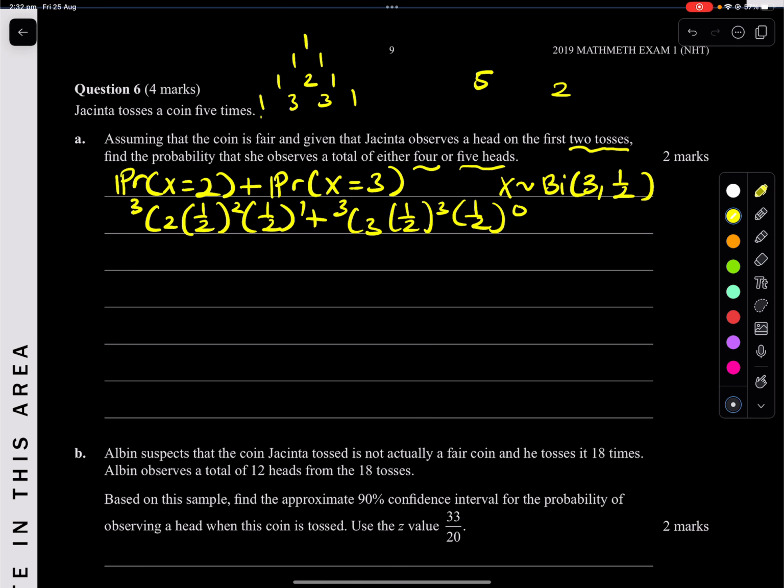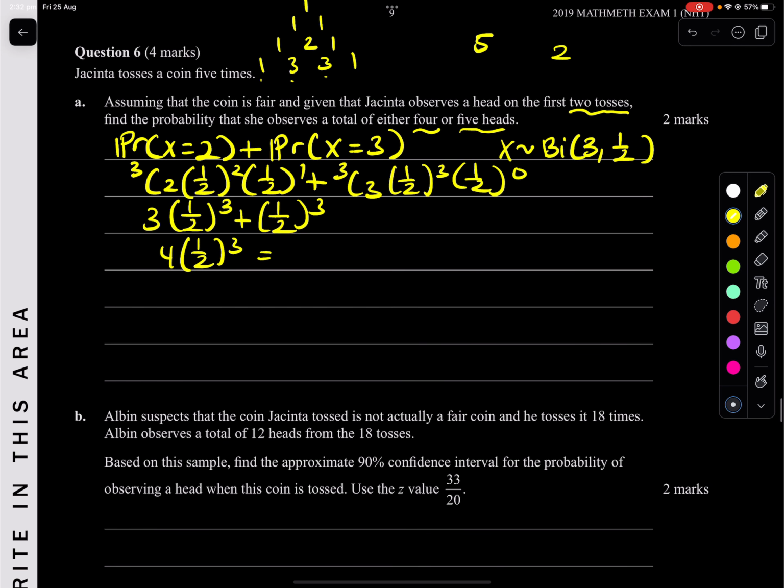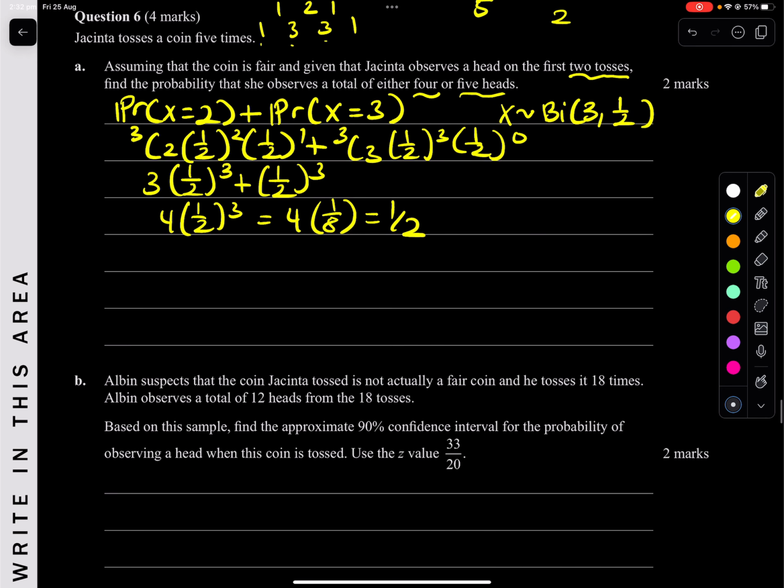So 0, 1, 2, so it'll be 3 over 2 to the power 3 plus 1 over 2 to the power 3. So it'll be 4 over 8, which is a half. Is that right? So a half.